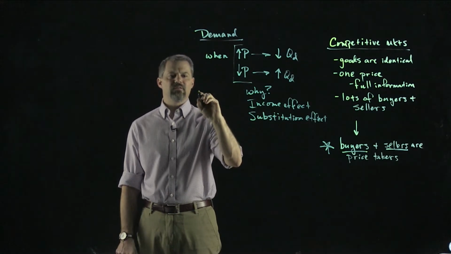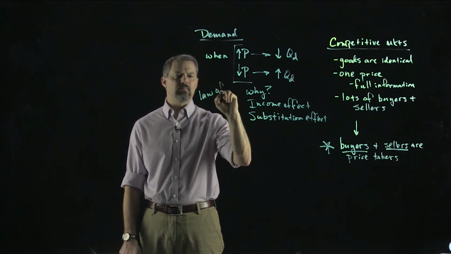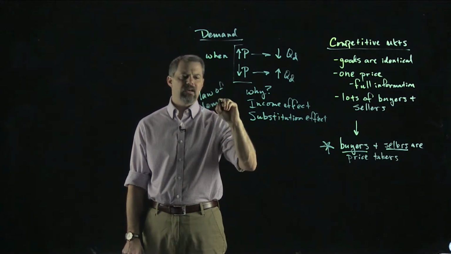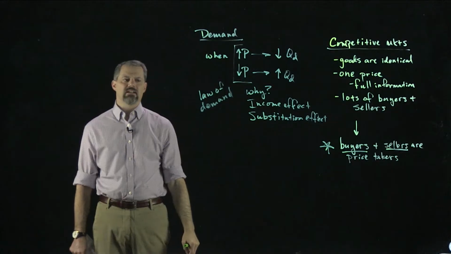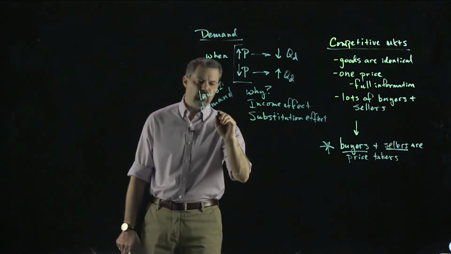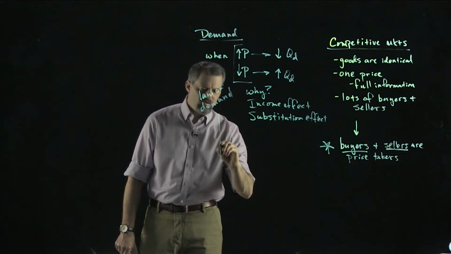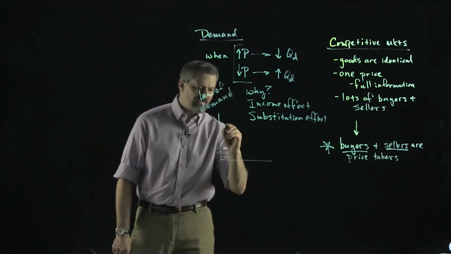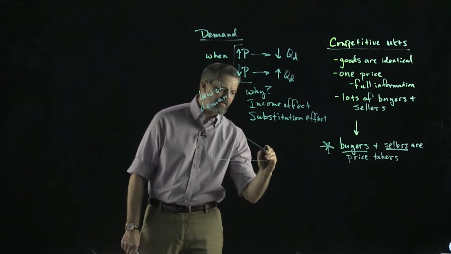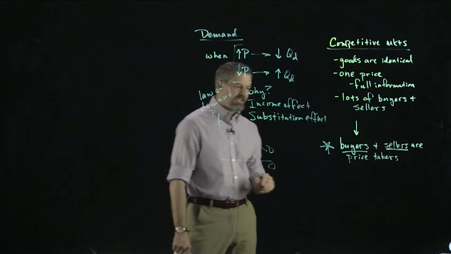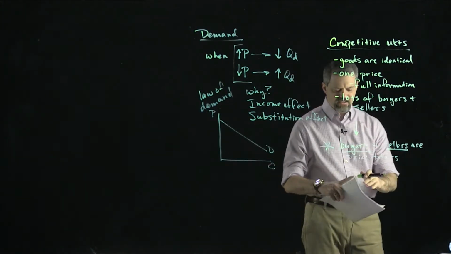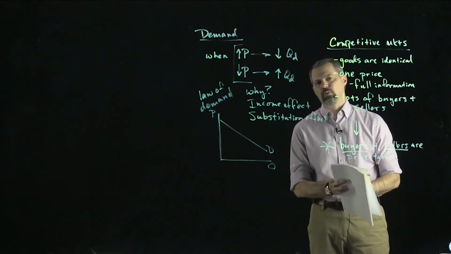As a matter of fact, we've given it a name and we call it the law of demand. Law of demand says that when price goes up, quantity demanded goes down, and you hopefully remember that the law of demand just simply tells us that demand curves slope downward. Actually, it doesn't quite say that. What it really says is that demand curves never slope upward.